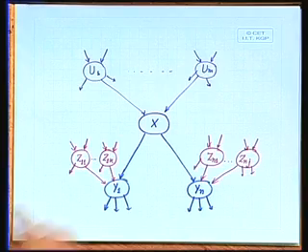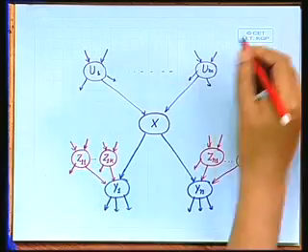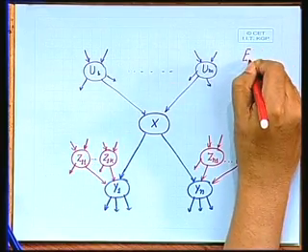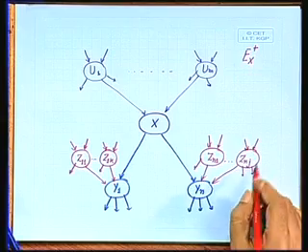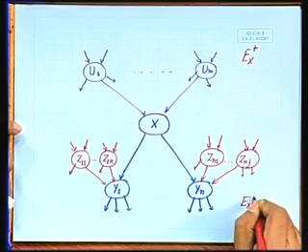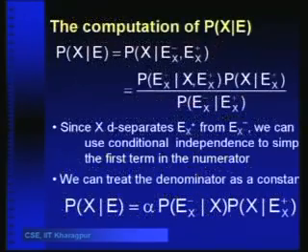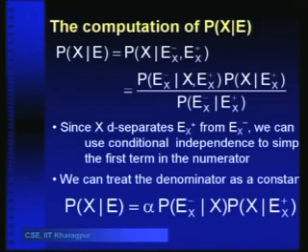So, some of the evidence nodes are in the top above x, which are denoted as Ex plus, and there are some evidence nodes below x which are denoted by Ex minus. Now, let us go into the analysis. We are interested in computing P(x | E). So, we can write E as the conjunction of the two sets Ex plus and Ex minus, because that is the set of evidence nodes that we have.